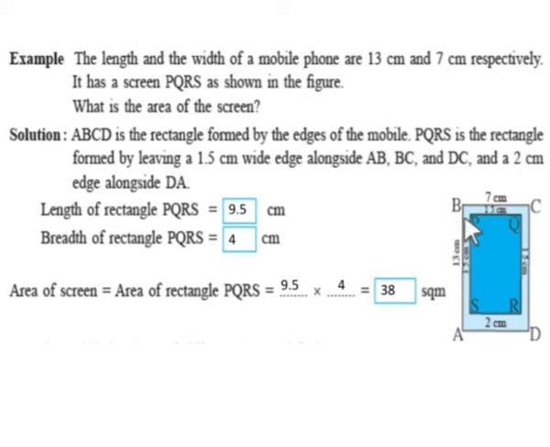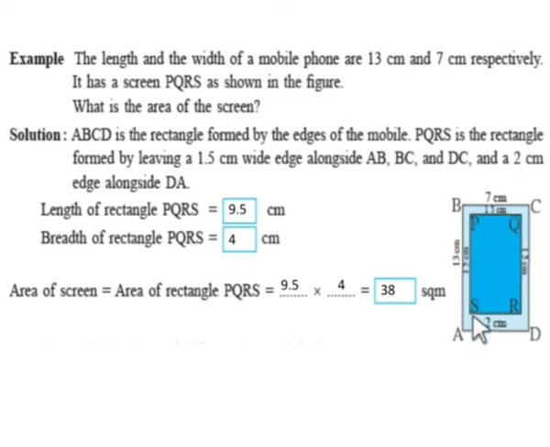Here the length and breadth of the mobile phone are 13 cm and 7 cm. Now here it is formed by leaving 1.5 cm wide edge alongside AB, BC and CD and the 2 cm edge along DA. So first we have to find the length and breadth of the rectangle PQRS.